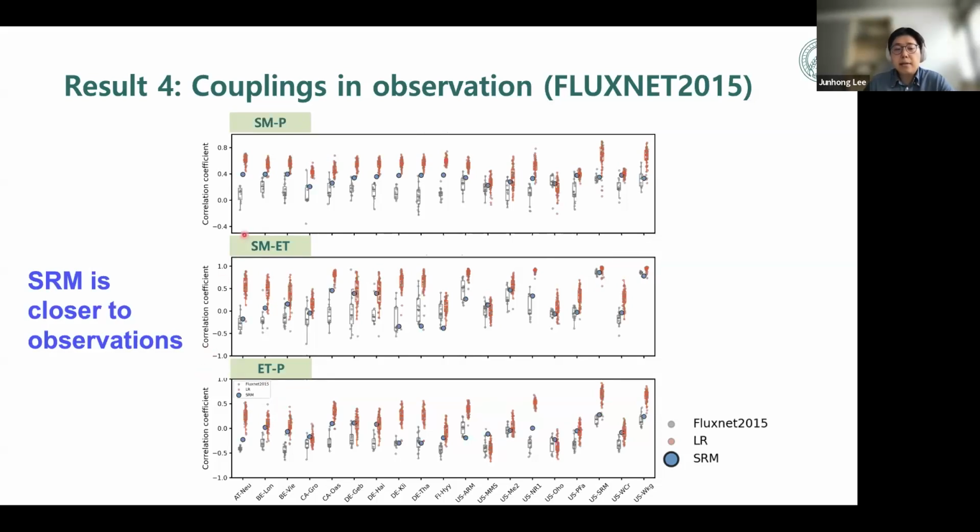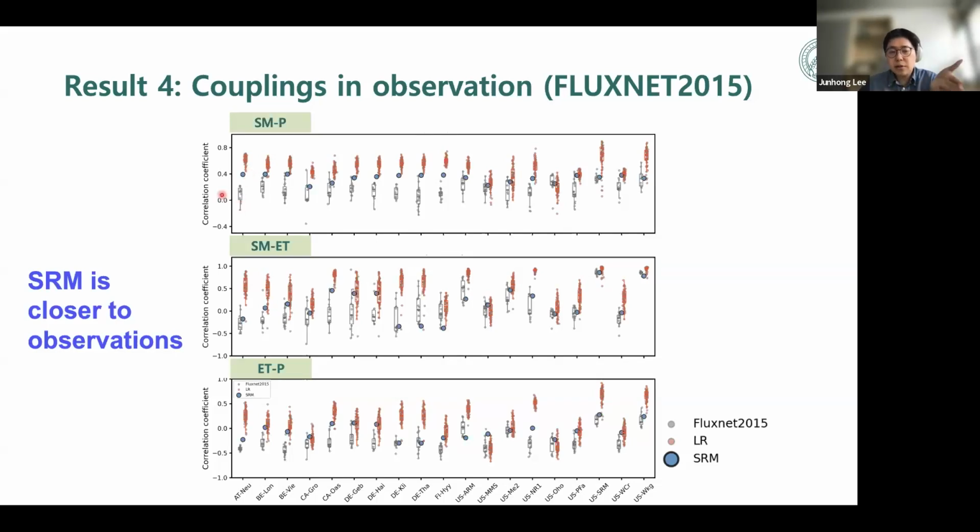And then I plotted the observations in gray boxes. I only took the sites that have datasets of more than 10 years. Then I interpolated the two simulation results to the FluxNet sites, and plotted the low resolution in red boxes and the storm resolving simulation in blue dots.